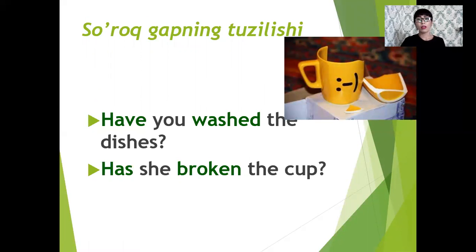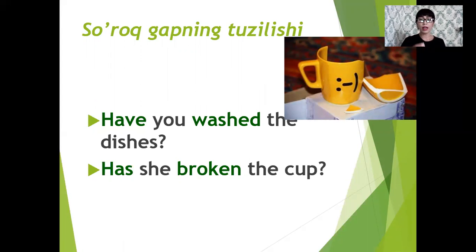Okay. As you can see, now I will show how to write an interrogative sentence. The auxiliary verb have, as I mentioned before, we put at the beginning of our sentence, and in this case we can make an interrogative sentence.